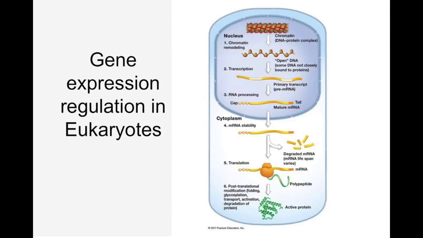Then it opens up. Then you've got what is called transcription, where some RNA is produced, which is not matured yet. Then you've got RNA processing, export into the cytoplasm. Then this RNA is translated into protein. And you've got a polypeptide here, which then becomes a protein after post-translational modifications.